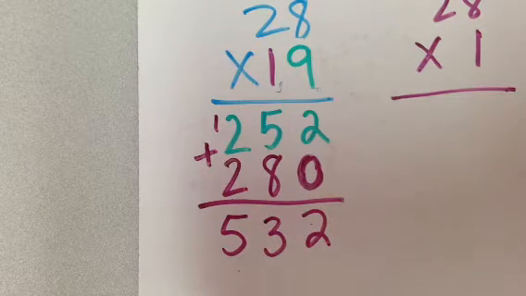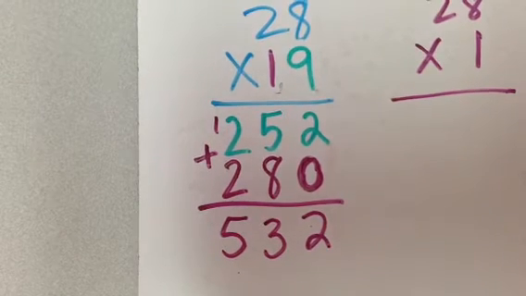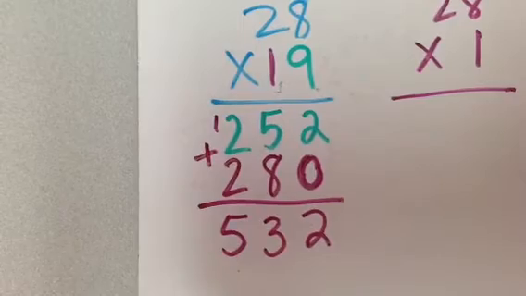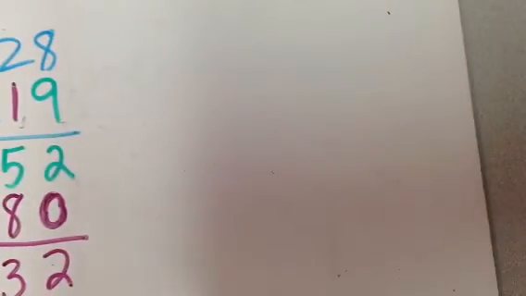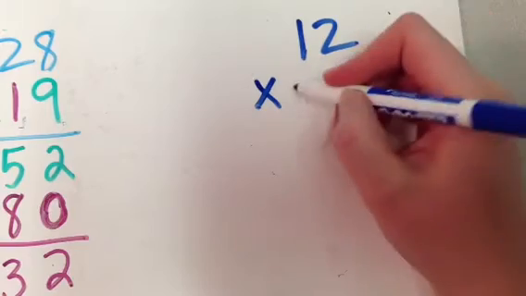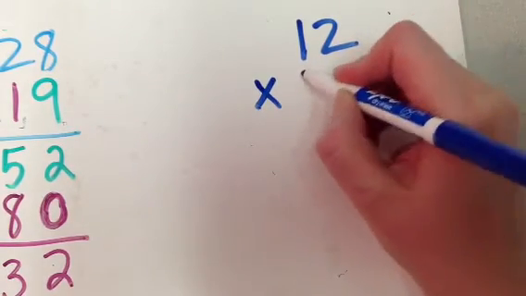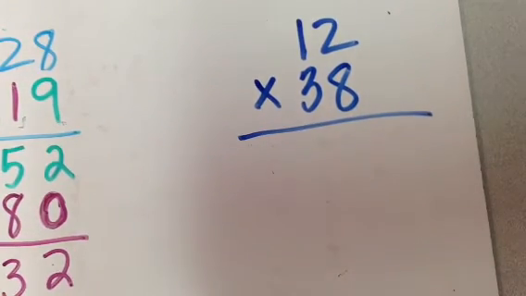Let's look at another example of that. Where did I lose my eraser? Let me grab another one here. We're going to come over here. Let me write it here. 12 times 38.